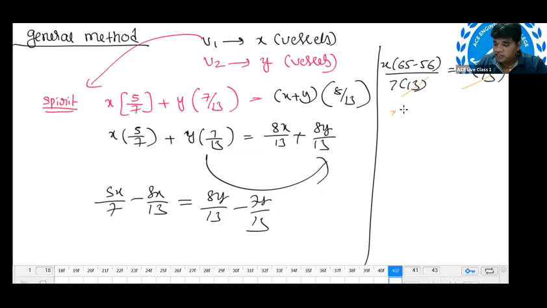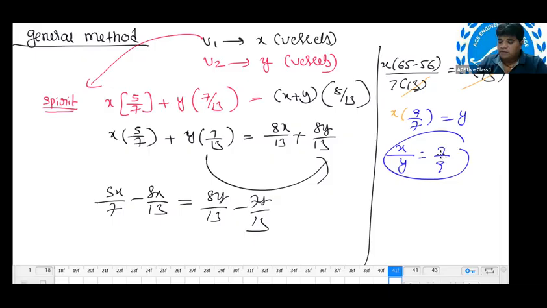So x into 9/7 is equal to y. I want x/y, that is equal to 7/9. 7/9 is the answer.